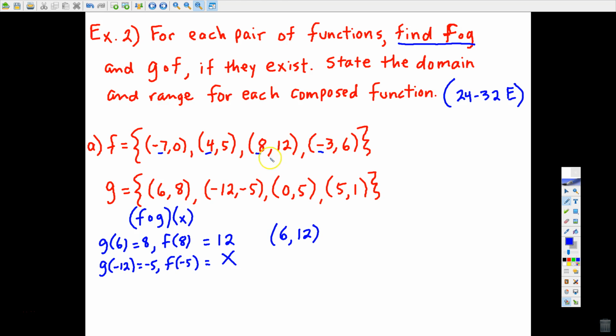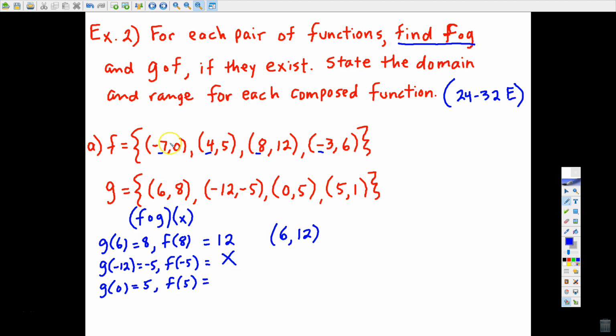Okay? And so I'm just going to keep on going, and I'm going to evaluate g of 0. G of 0, input 0 into this g function, the output is 5. So now that becomes the input, 5, becomes the input for the f function. Well, once again, I don't have any 5 used as inputs.